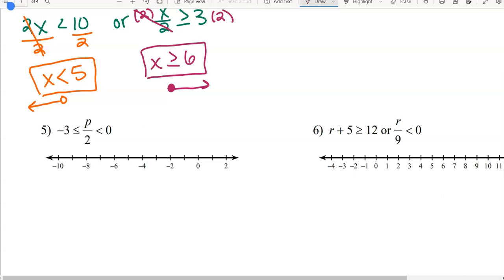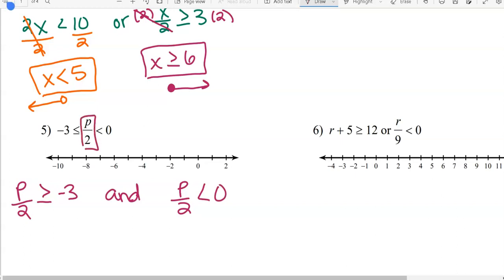We have p divided by 2 is greater than or equal to negative 3, and we have p over 2 is less than 0. So I broke it apart. See in the middle right here? The alligator that's attached to the negative 3 is eating the fraction. Do we see that? So when I put my fraction first, I made sure my alligator was still eating it.